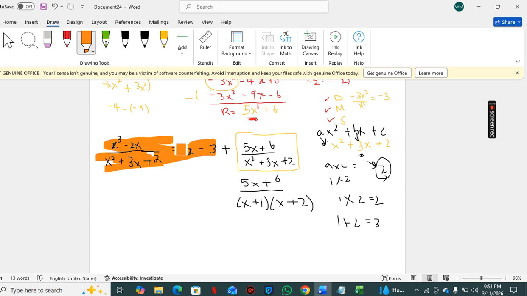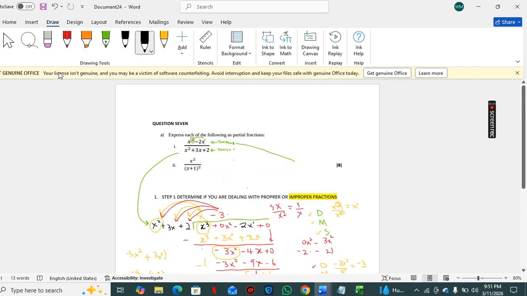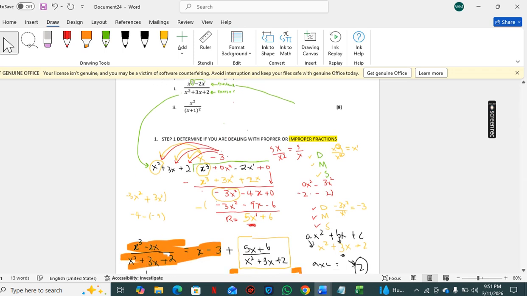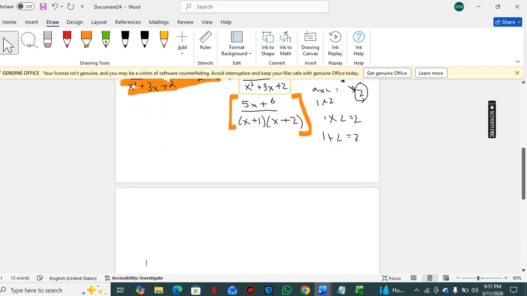We will show them later. For now, we need to focus on this expression here. We need to break it down. So how are we going to break it down? Like this. Just write it like this.